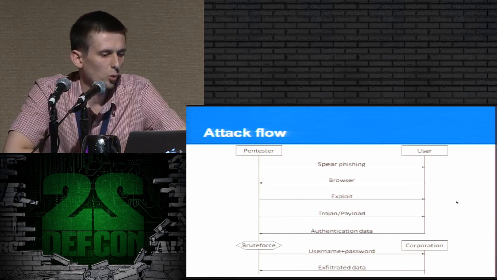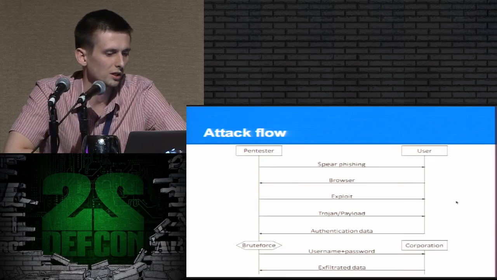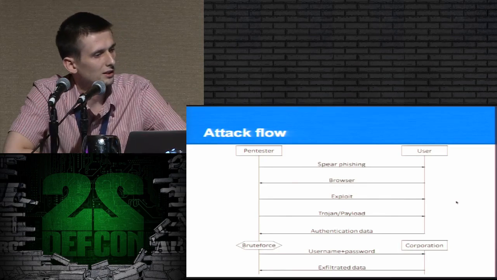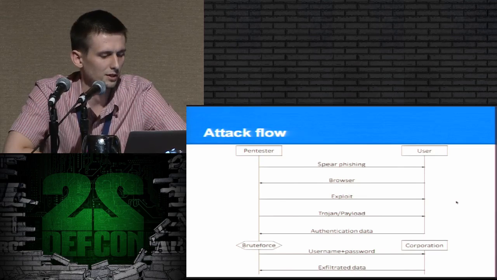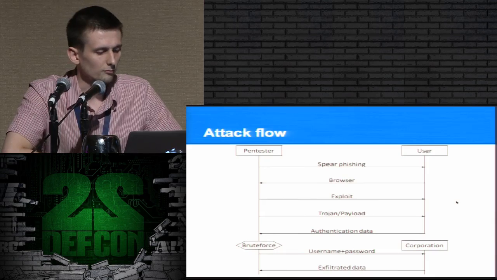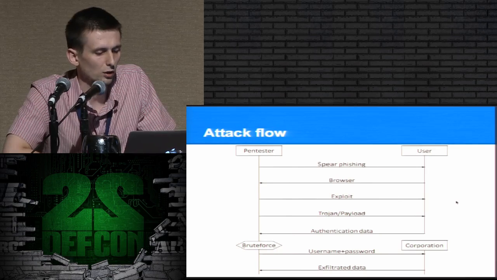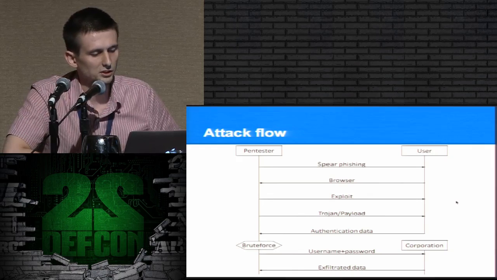So what will the attack flow actually look like? The pen tester will send the user some kind of spear phishing. The user will be navigating, clicking on the link, or, I don't know, downloading some payload or exploit. The payload will try to authenticate the user on itself and send the authentication data, which was extracted from the data flow, to the pen tester.